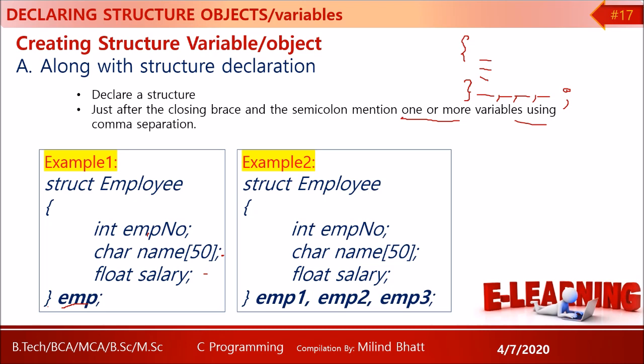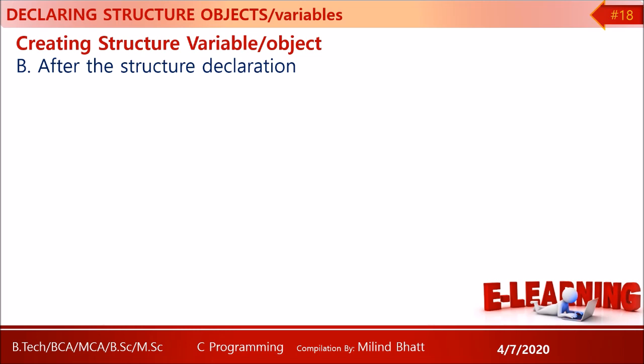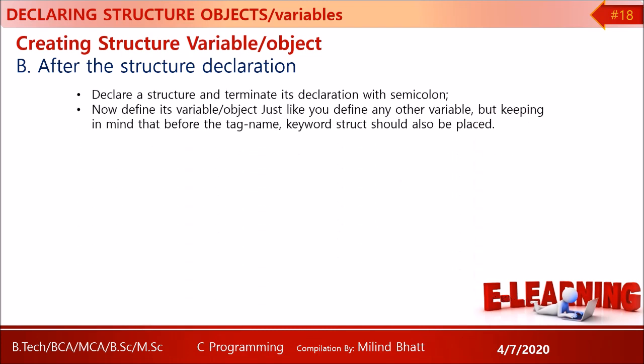Now the second type, after the structure declaration, means the structure has been defined earlier and later on we want to declare some of its objects or variables. To do so, declare a structure and terminate its declaration with a semicolon as you do normally.